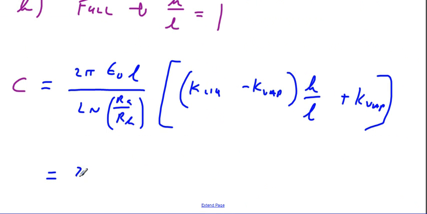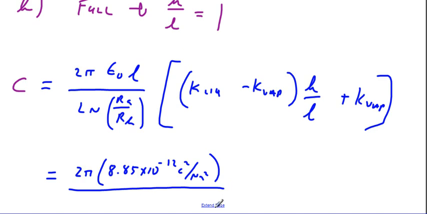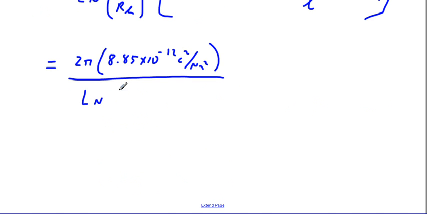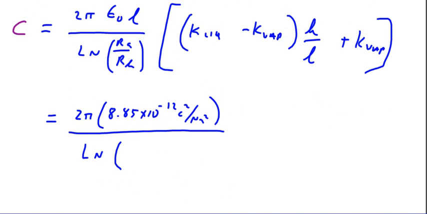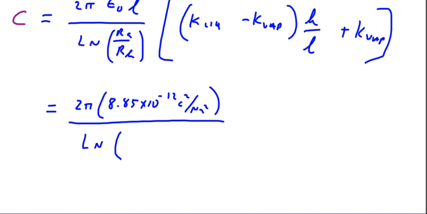So C is going to be 2 pi epsilon naught, 8.85 times 10 to the minus 12 coulomb squared per newton meter squared, divided by natural log, and RA is 5 and RB is 4.5.